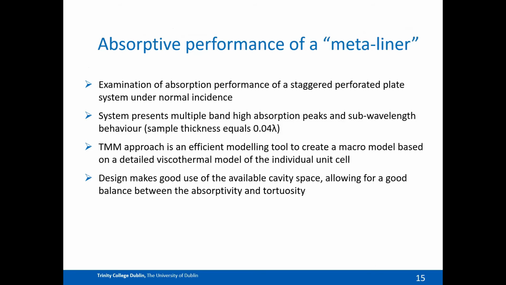The transfer matrix approach is efficient, as it gives a fast estimation of the acoustic behavior of the built-up system, and the design presented makes good use of the available cavity space through tortuosity. The shift in frequency between the porosity correction and using a manifold for a fully developed plane wave can explain some differences in the system.